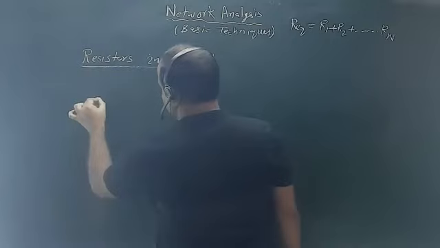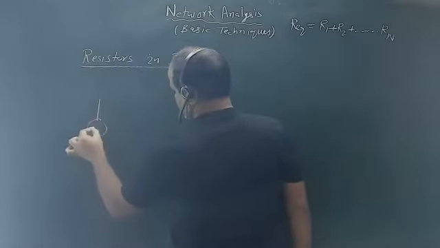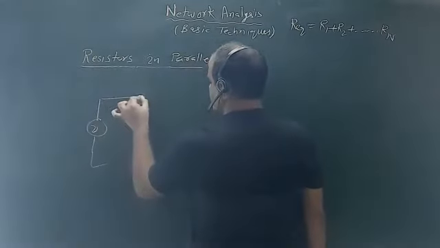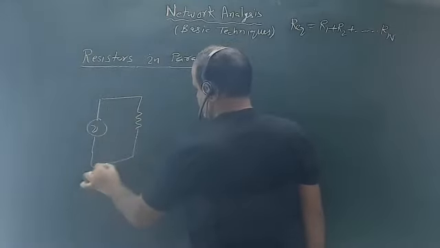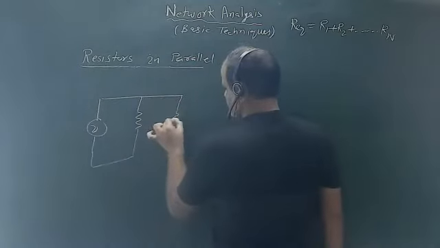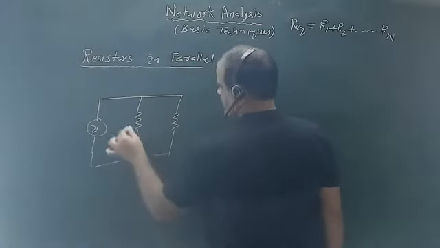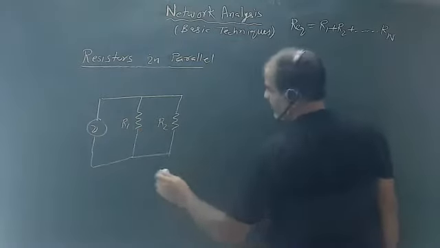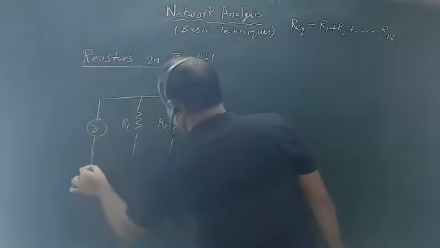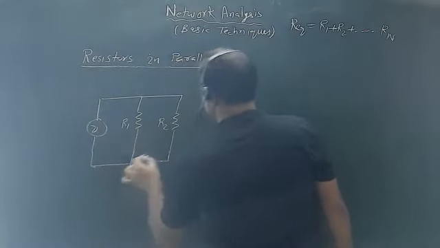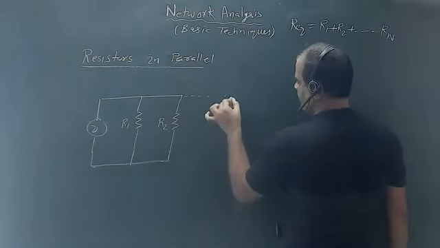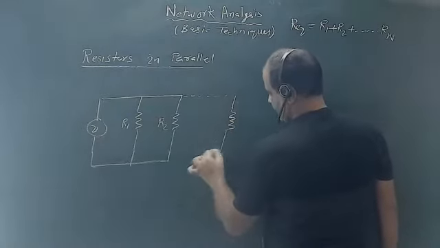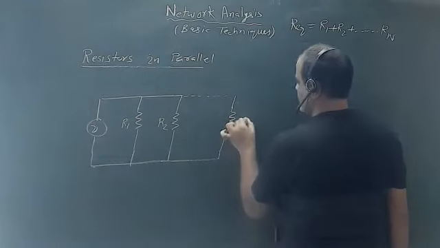So I have a source, say V, and I have resistances R1, R2, and say total there are n resistances, this is Rn.